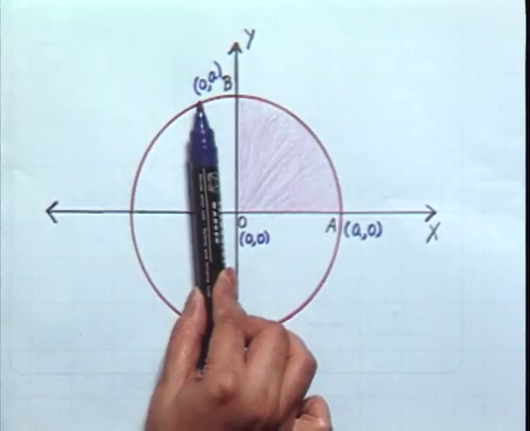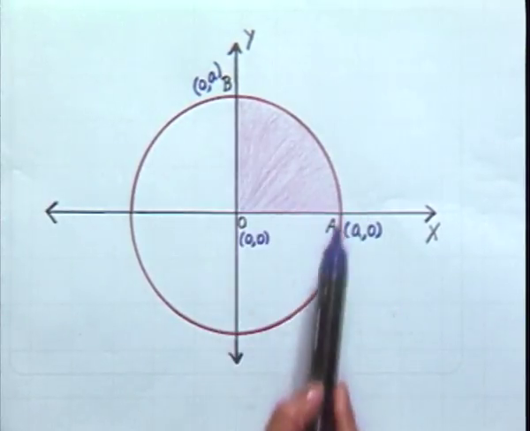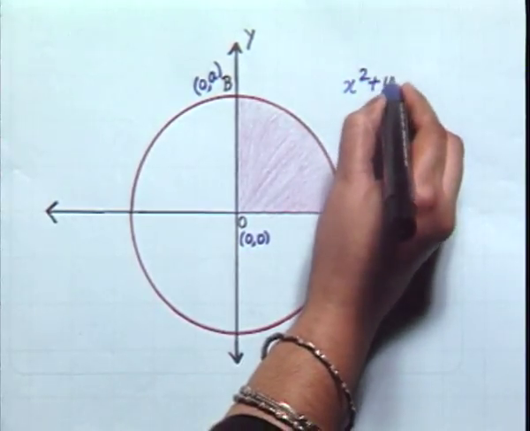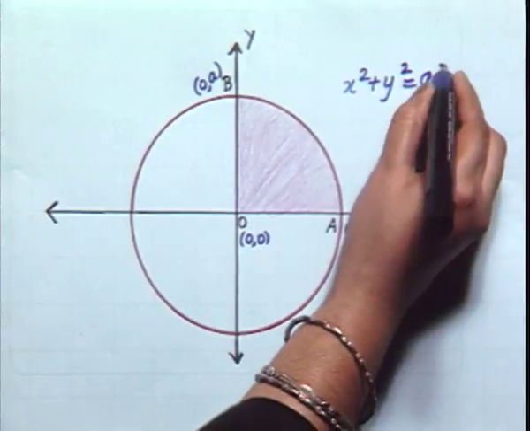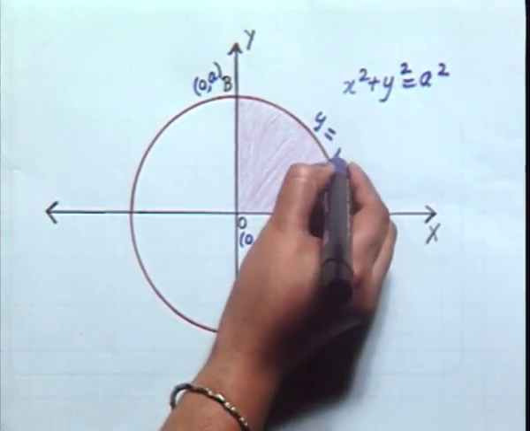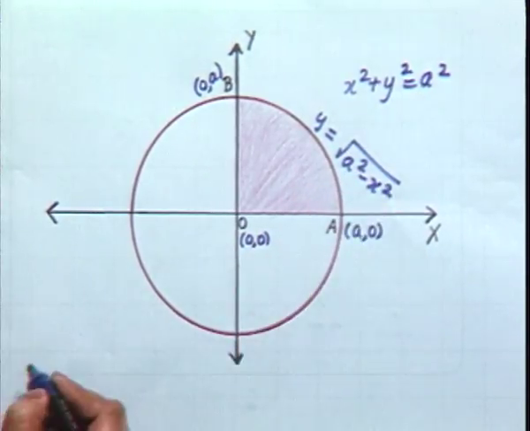So, from x = 0 to x = a, and the curve is given by x² + y² = a², but as y in terms of x, it can be written as y = √(a² − x²).